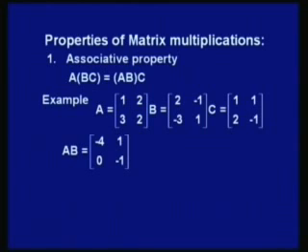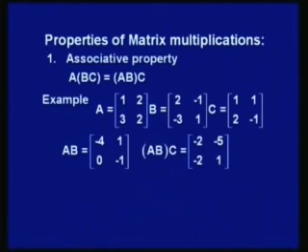So this AB when multiplied by this C will give me this row multiplied by this column as minus 2, this row multiplied by this column as minus 5, this row multiplied by this column as minus 2, and the second row multiplied by the second column of C gives me 1.